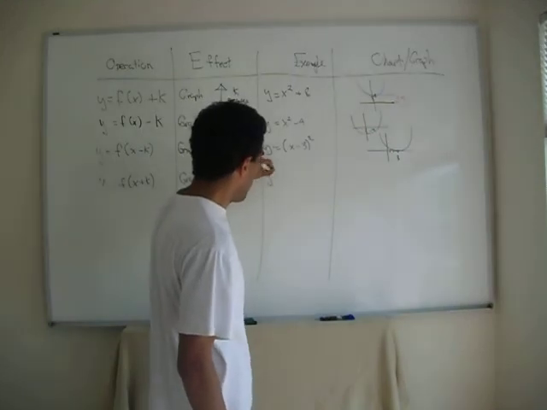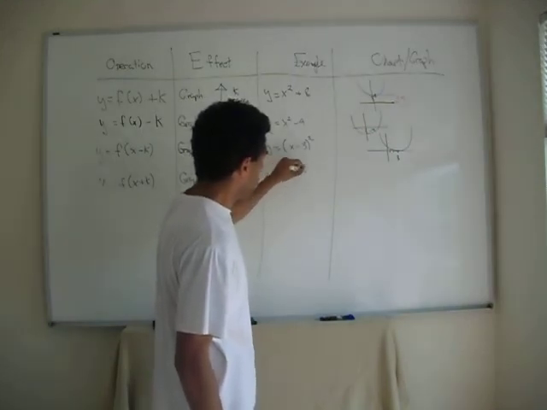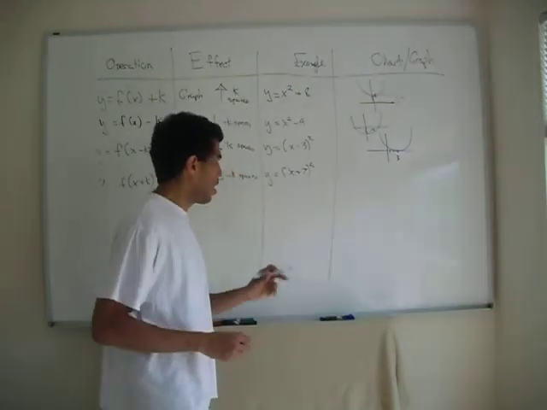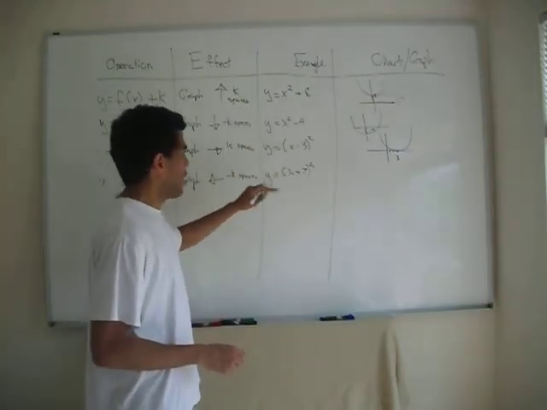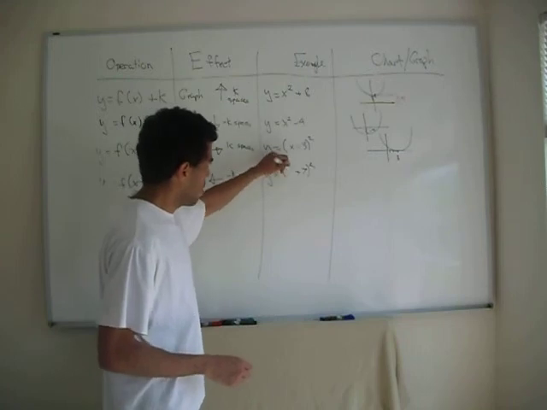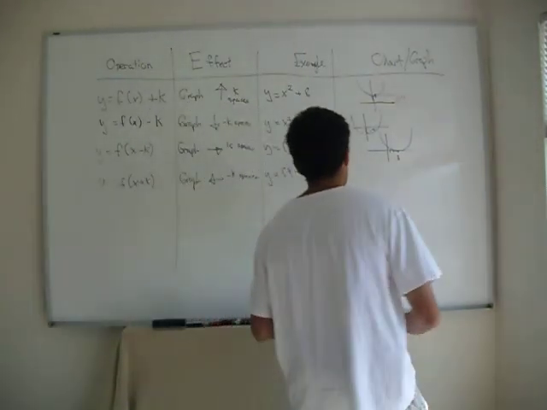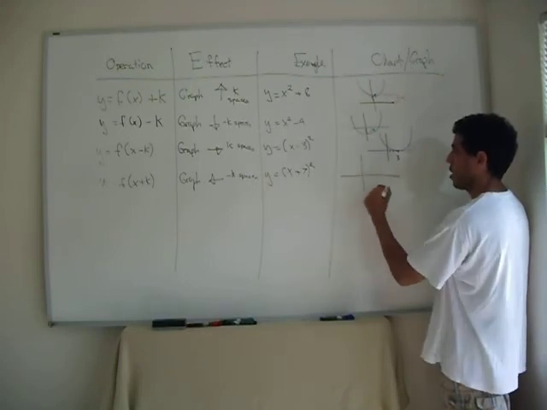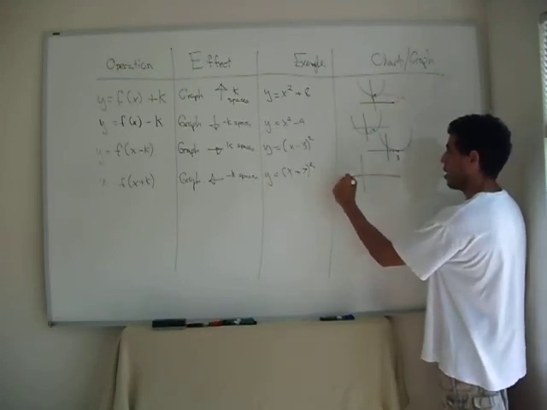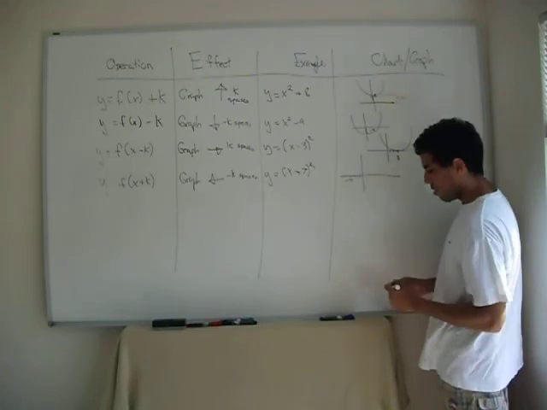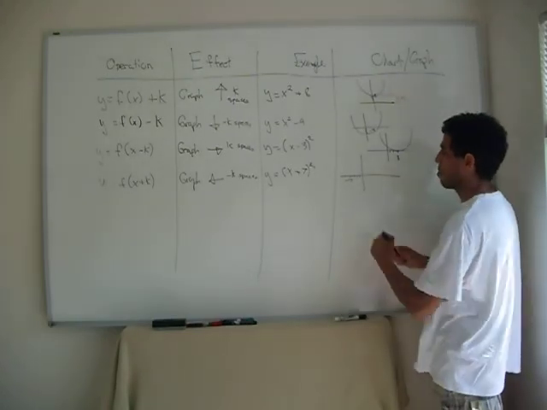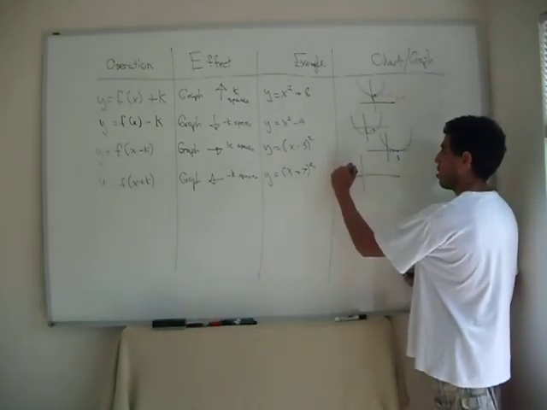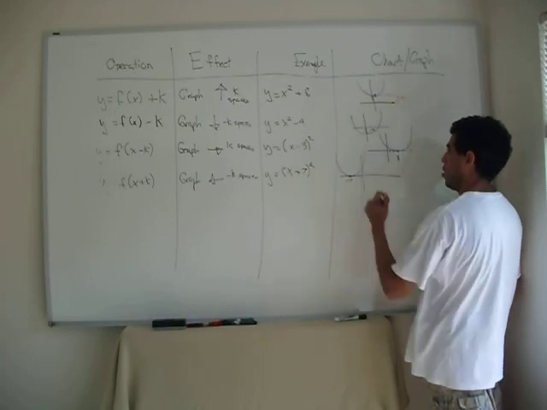Example, y equals, let's say, (x plus 7) squared. Okay? Make that x a little prettier. And if we do this in a chart, we count 1, 2, 3, 4, 5, minus 7. There you go. There's where the graph is going to be. Okay?